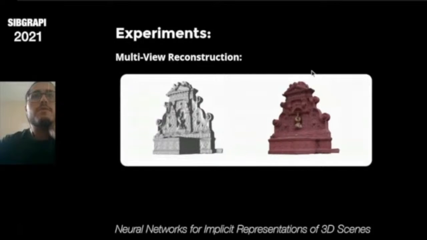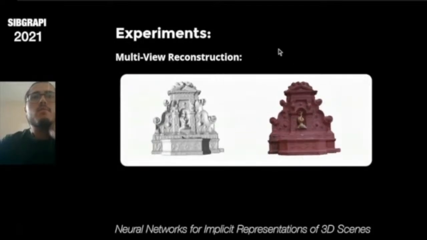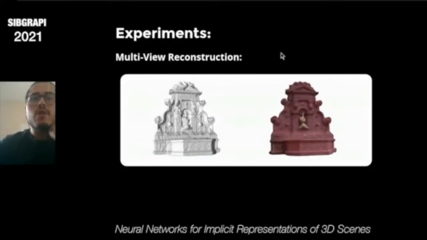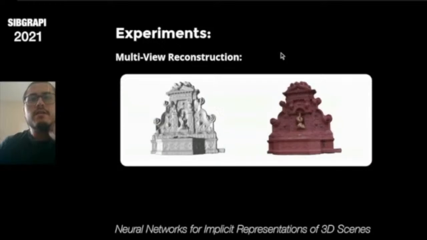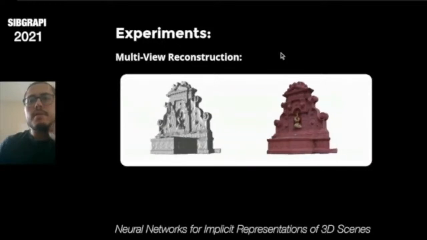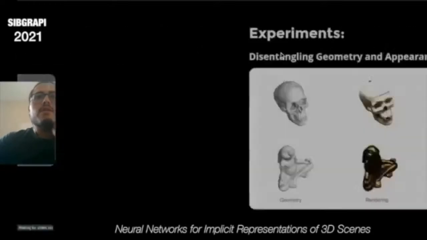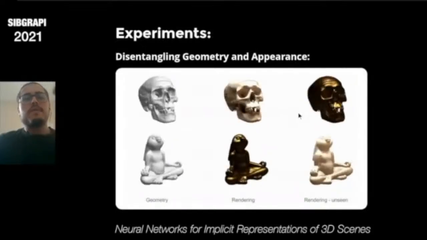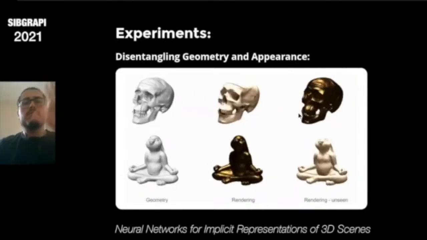And then we have the results. They did the multiview reconstruction, which you have very nice results. So you have both the geometry and the appearance parts. And then what they do finally is that they show that you can actually disentangle them, right?